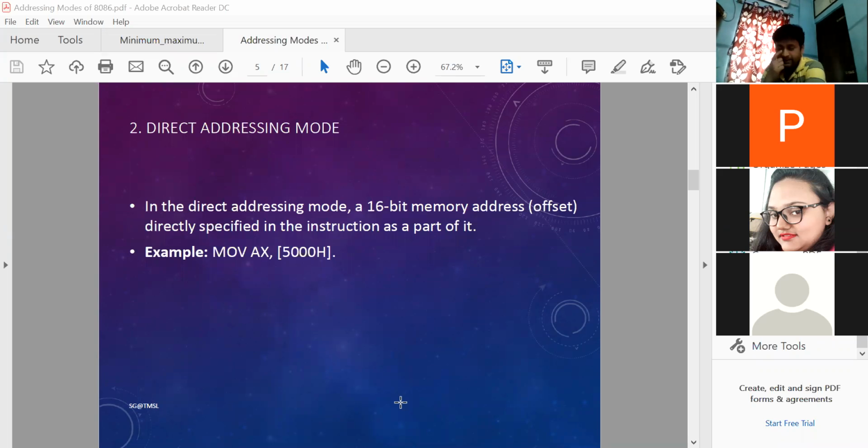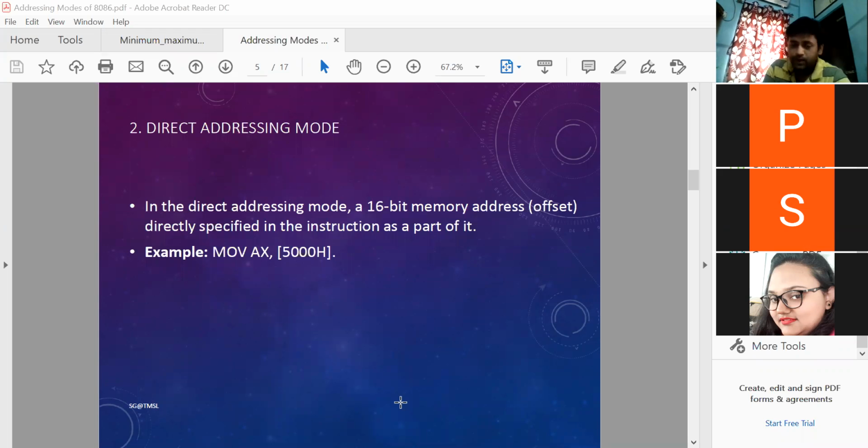Clear? So in this way, what is given as your segment address must be multiplied by 10H, plus the offset address must be added to it. So your 20-bit physical address for this example is 25000H. Is it clear?